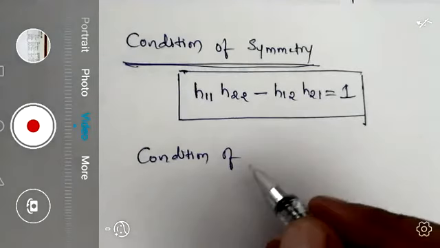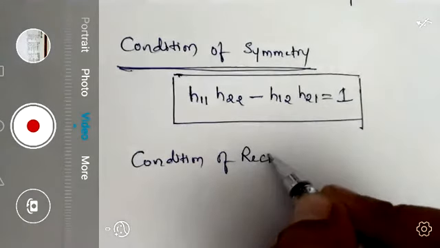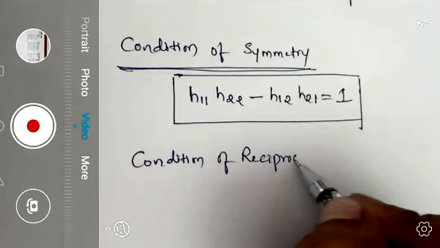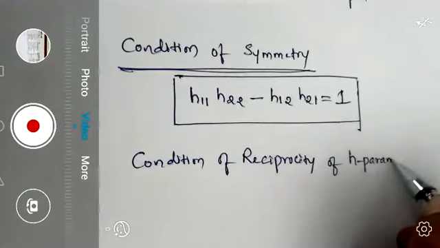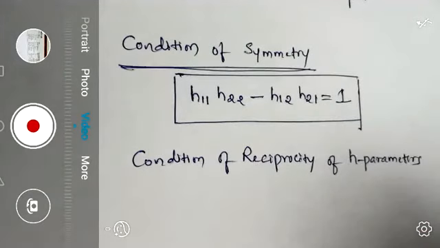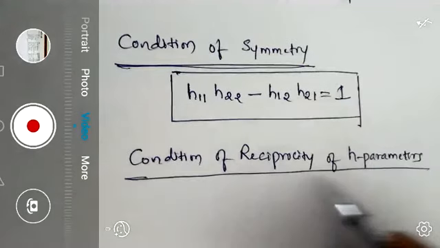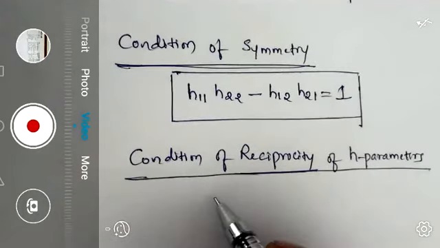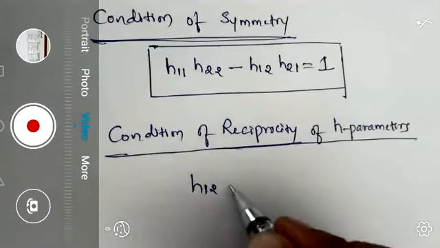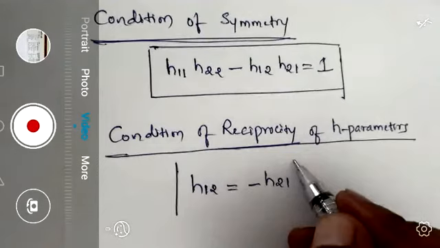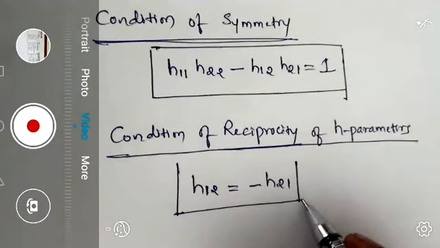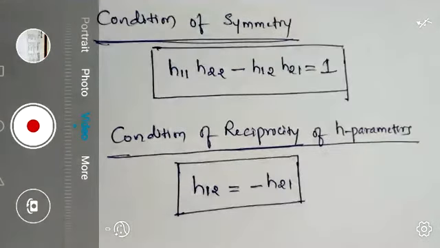Condition of reciprocity of H parameters. So what is the condition? Condition for reciprocity, that is H12 is equal to minus H21. It is the condition of reciprocity.